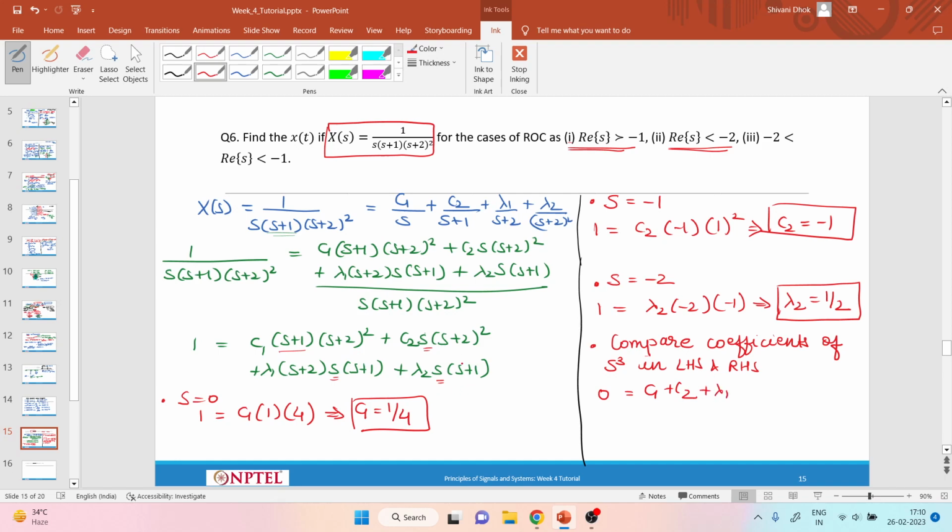But in the fourth term we don't have anything. So this I can simply write as 0 equal to c1 value 1 by 4, c2 is minus 1, plus lambda 1, which means that my lambda 1 comes out to be 3 by 4.